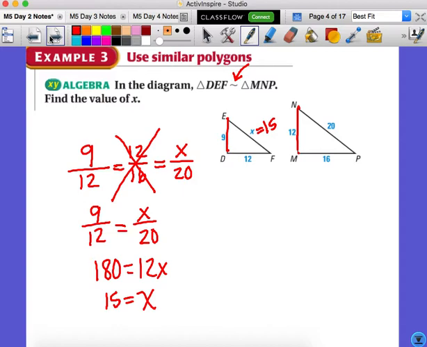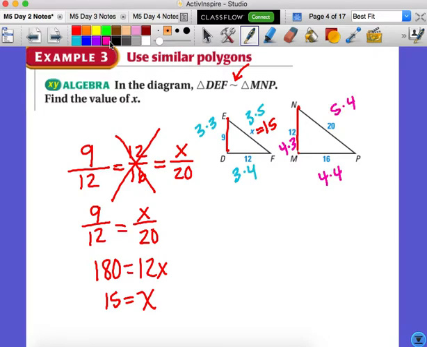Now, if you remember back to when we talked about Pythagorean theorem and Pythagorean triples, we've got here kind of a disguised triple. 3 times 3, 3 times 4, and 3 times 5. Same thing on this side. We've got 4 times 3, 4 times 4, and 5 times 4.